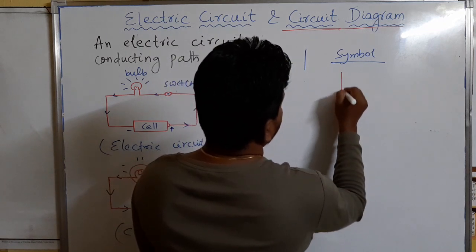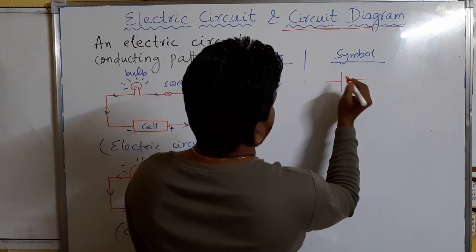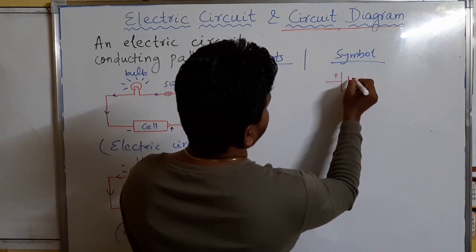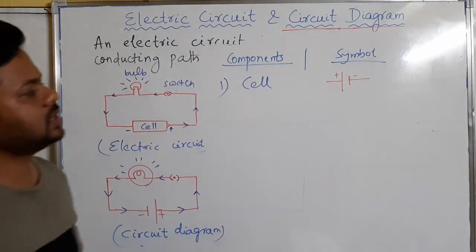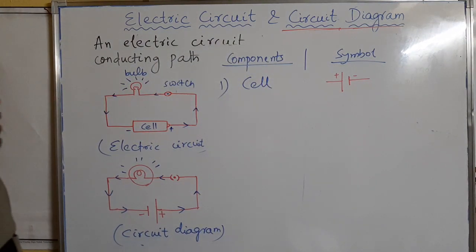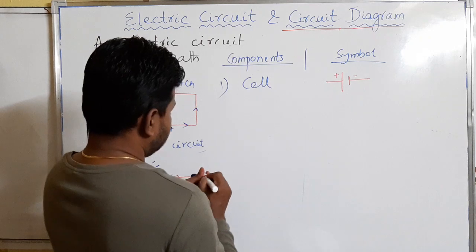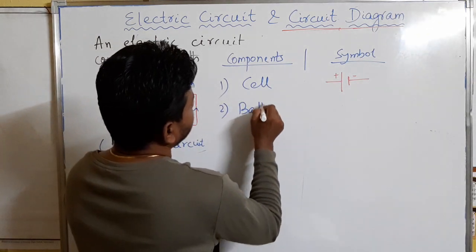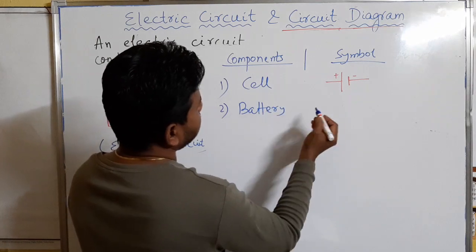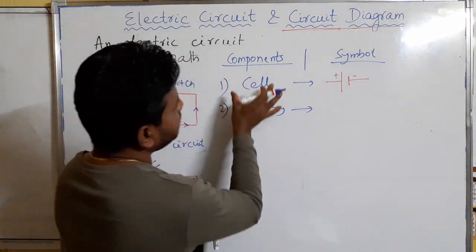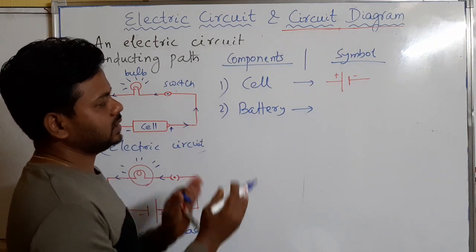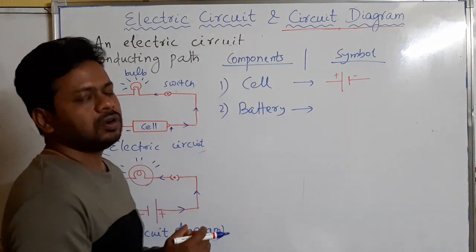You can make it always with the bigger line representing positive and the smaller line representing the negative terminal. Then second is battery. You know what is battery actually? Battery is a combination of two or more cells. When two or more cells are connected, then it is called a battery.